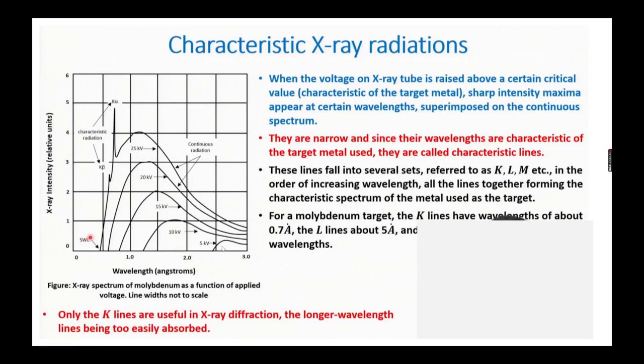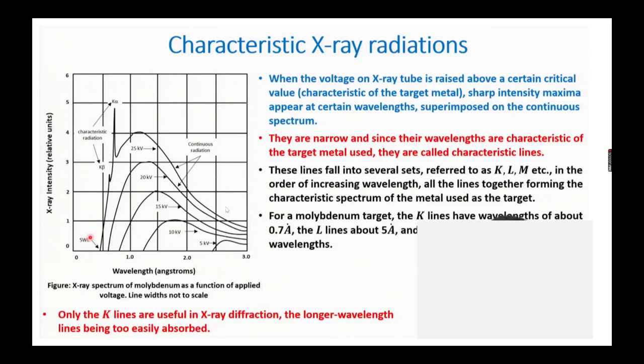We are increasing the accelerating voltage, initially giving 5 kilovolt, then moving towards 10, 15, 20 and 25 and so on. When the voltage on the X-ray tube is raised above a certain critical value, sharp intensity maxima appear at certain wavelengths superimposed on the continuous spectrum.